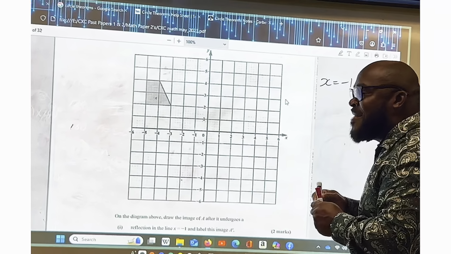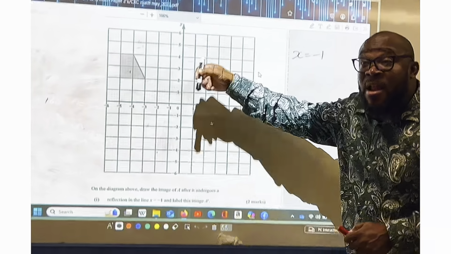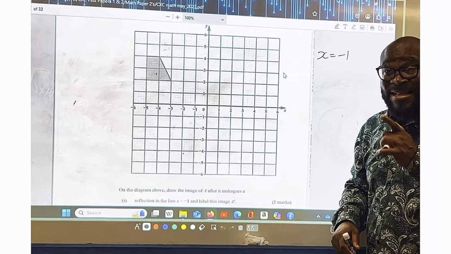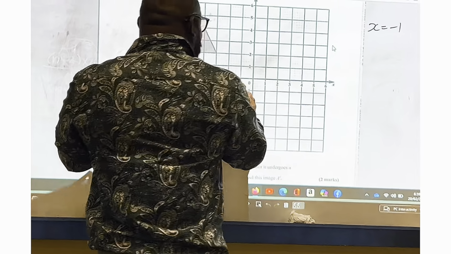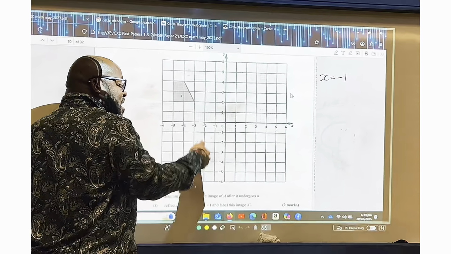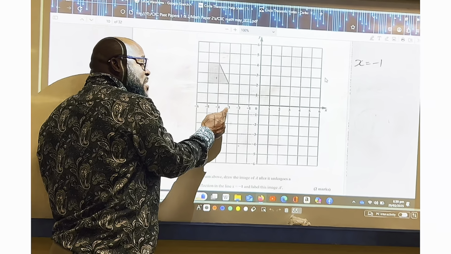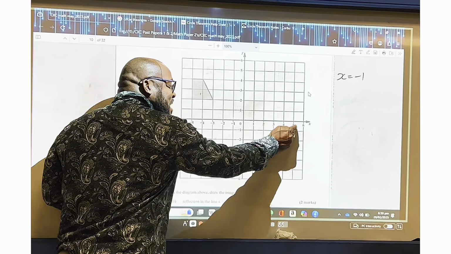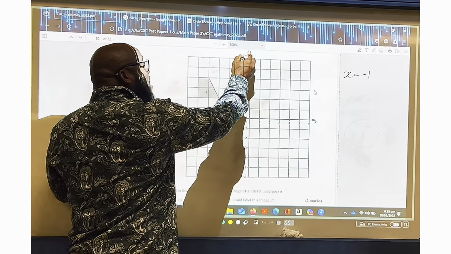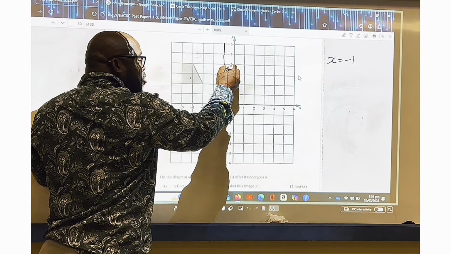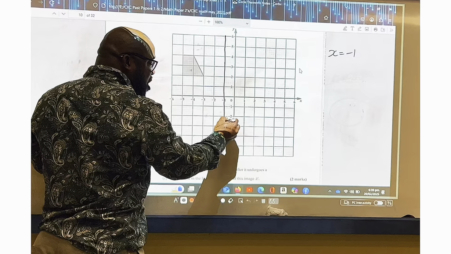So when you find that, it's the vertical line you're going to highlight. You're not going to highlight the x-axis. These vertical lines follow these numbers, you realize? So this is the line of reflection. You go all the way down.